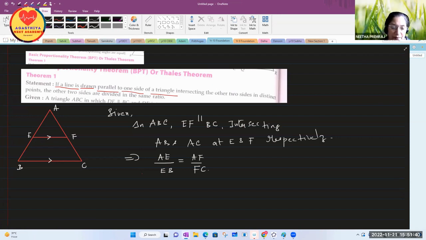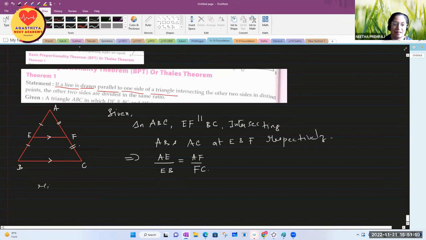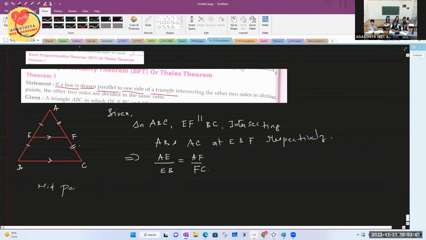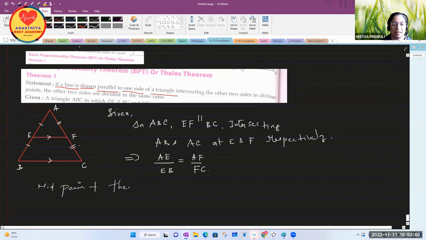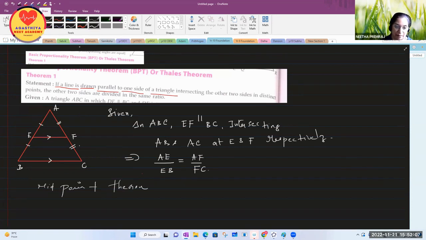Okay, the same thing. If the line passes through the midpoint of the sides, if these two measures are equal, then what do you say? What is the concept? It is called midpoint theorem, isn't it? Midpoint theorem. Yes or no? If E is a midpoint of AB and F is a midpoint of AC, then AEF is a triangle and ABC is another triangle, isn't it?